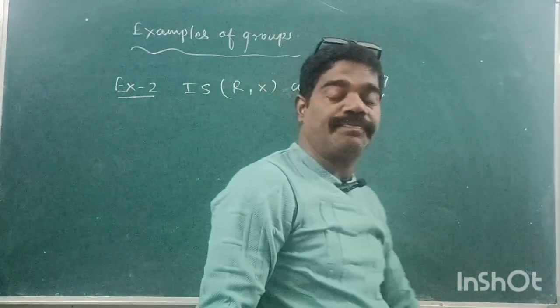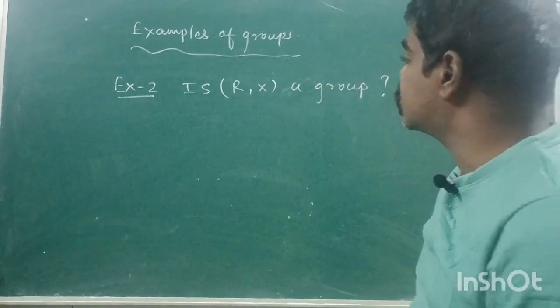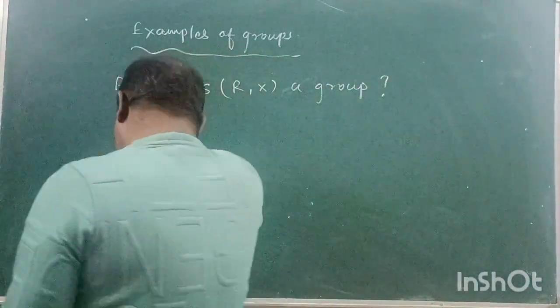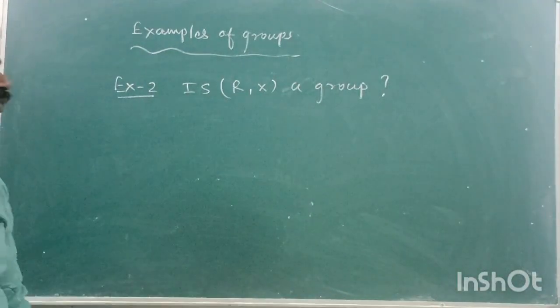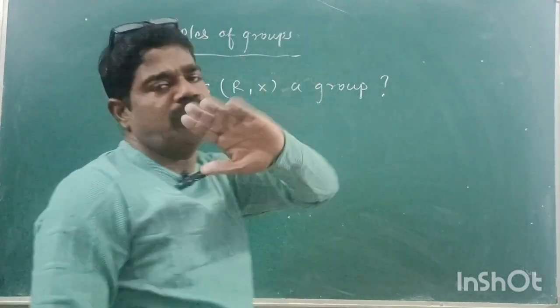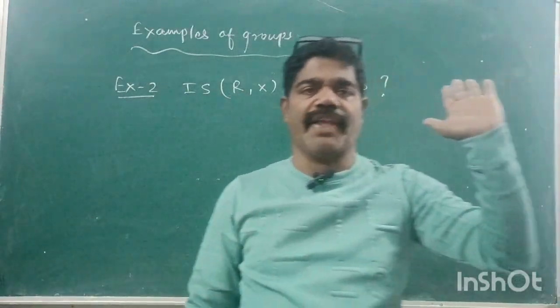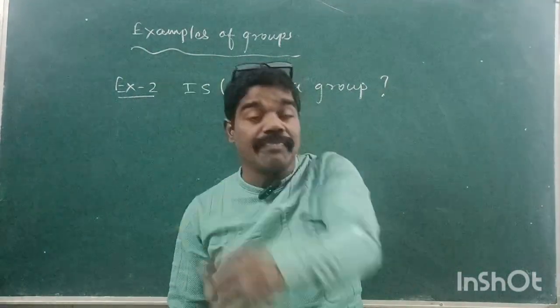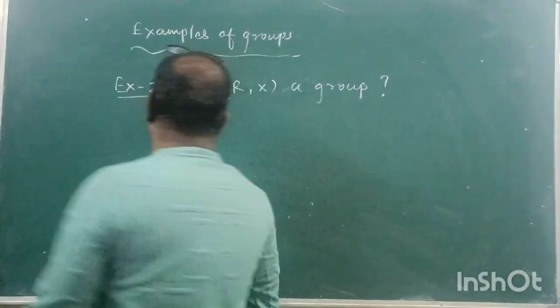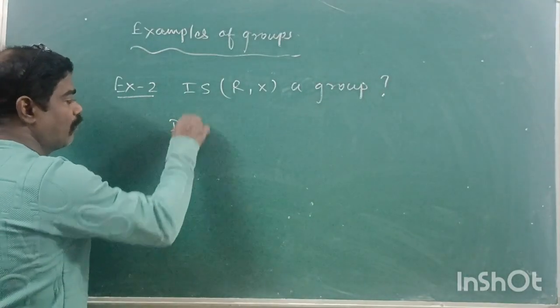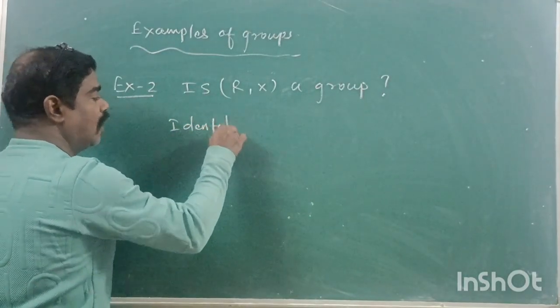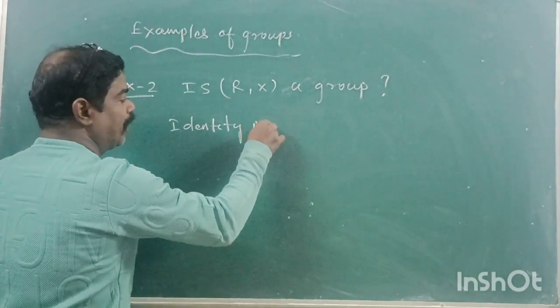When asked a question or when we come across a group, I will find out. Only two conditions, because the first two will be satisfied. First one, I will teach you identity property.